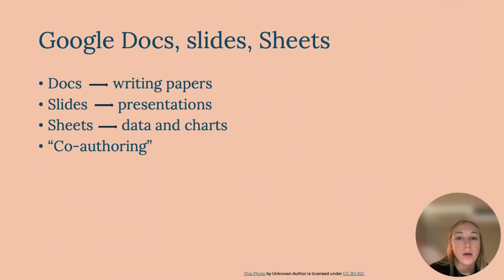Next, we have the main productivity apps. We have Google Docs, Slides, and Sheets. These are essential tools in the academic world. Google Docs is the go-to app for word processing, from simple creative writing to complex research papers. Google Slides empowers students to create visually engaging presentations, and Google Sheets introduces students to the world of data analysis and mathematical calculations.